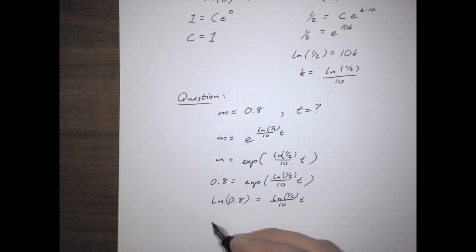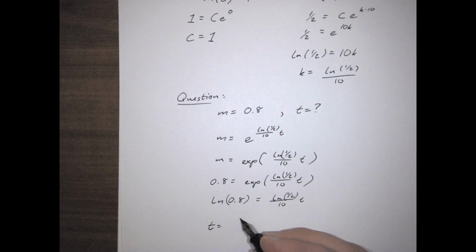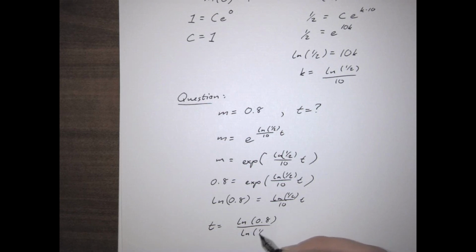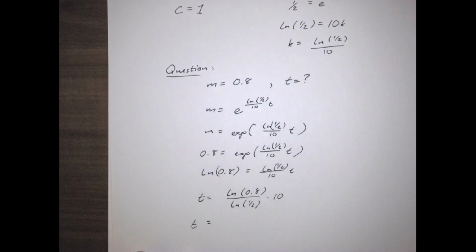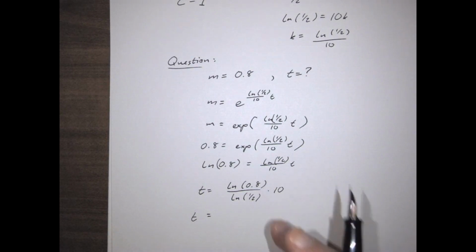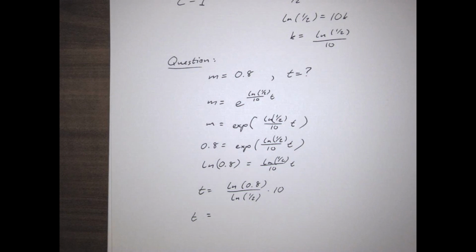So that means that t is equal to the natural log of 0.8 over natural log of 1/2 times 10. If you unpack it, that actually should make a whole lot of sense. Those of you who are fluent in the language of logarithms will recall that what you see right here is the change of base formula, which gives the log base 1/2 of 0.8.